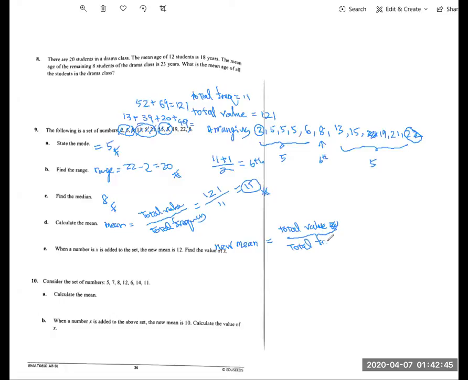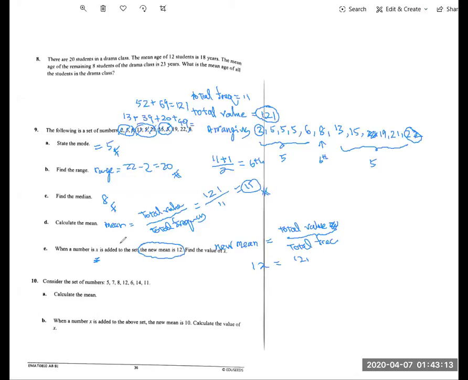Okay, now based on this statement here, that is after you add one number, which is x. So now, for the new mean is 12. Total value we found is 121, but with this x added in.